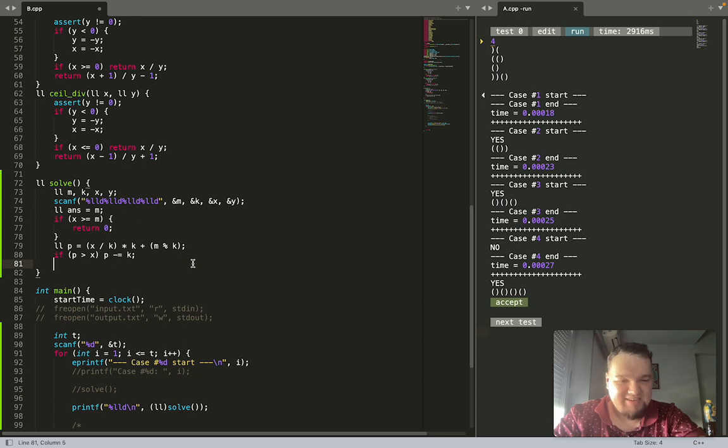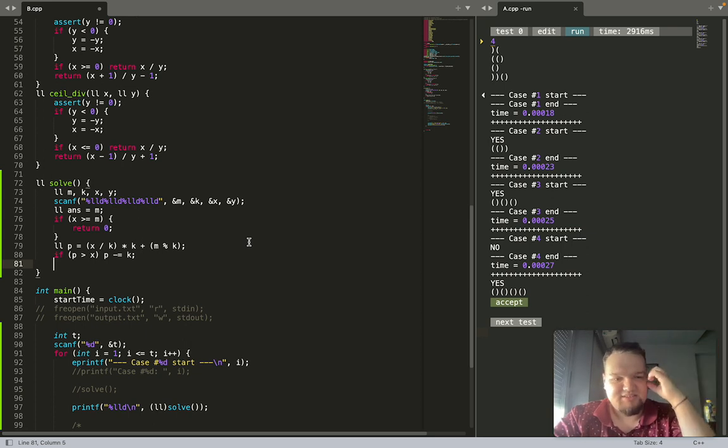If it is negative, then I shouldn't update the answer with that option, because it is impossible to use a negative number of coins, and that can actually happen. For example, if k is very bigger than m, then we cannot use coins that worth k.